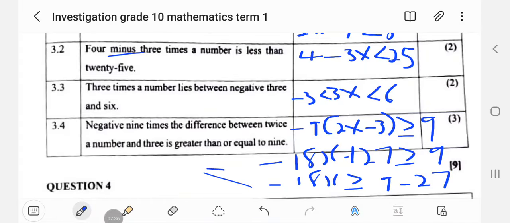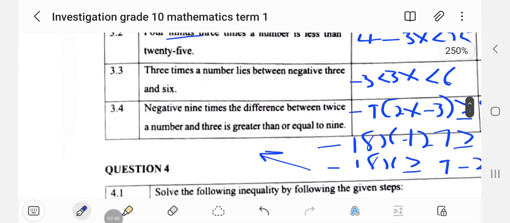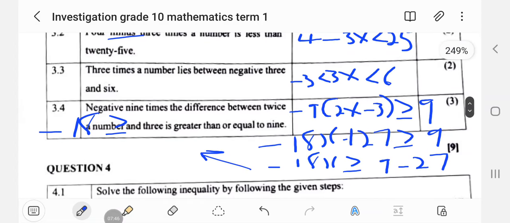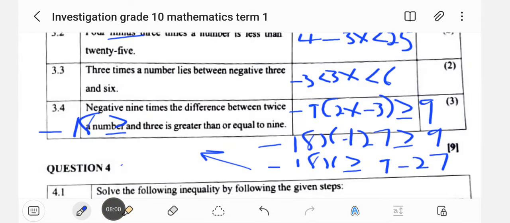Let me continue it here. We have minus 18x greater than or equal to, so what's 9 minus 27? 9 minus 27 is minus 18.